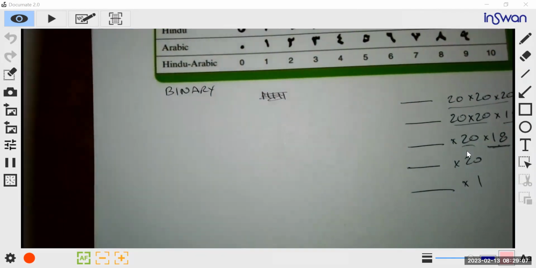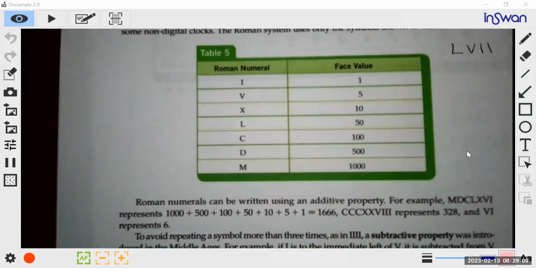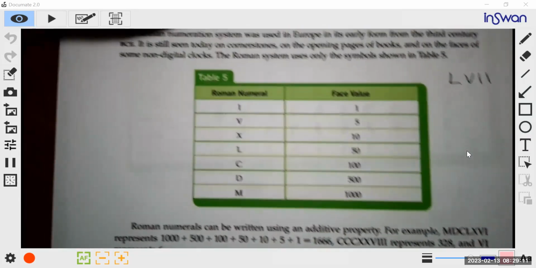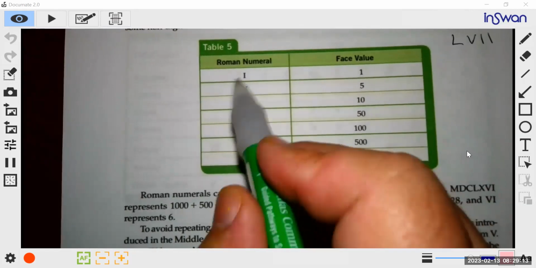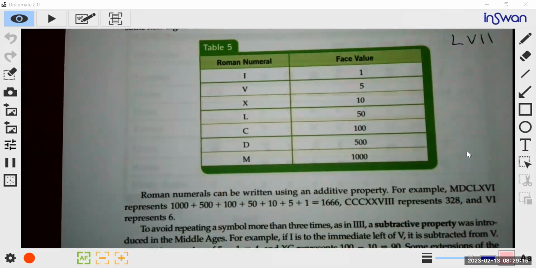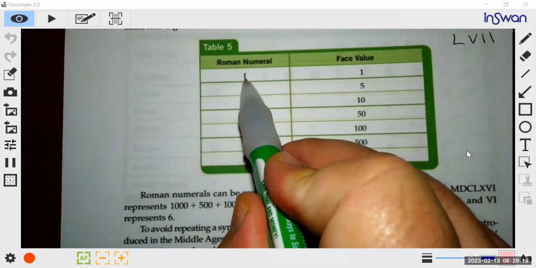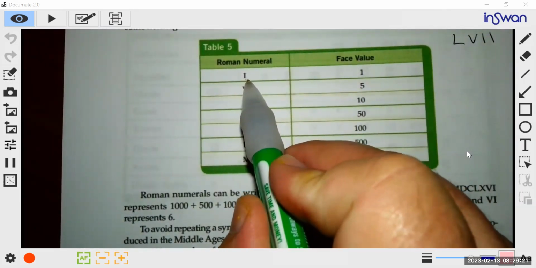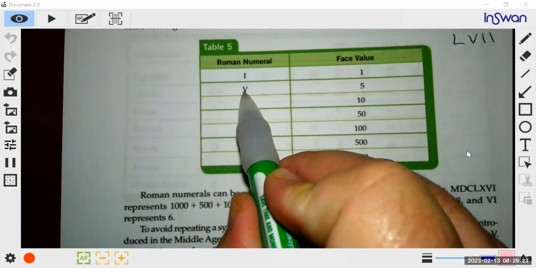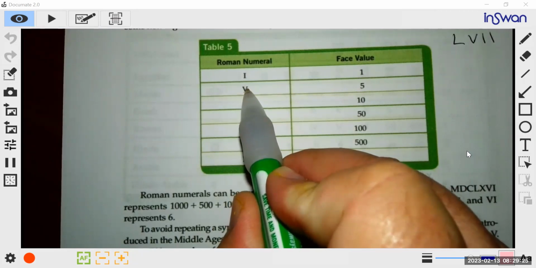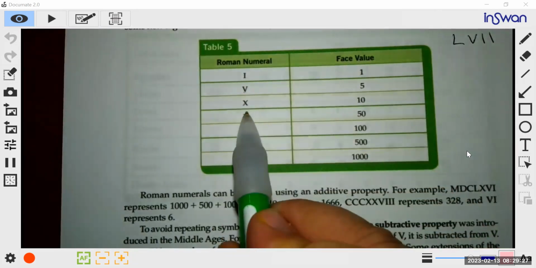Okay, so the Roman numeral system is based on these letters that have a specific meaning. A single I counts as a 1. A V is a 5. X is a 10.